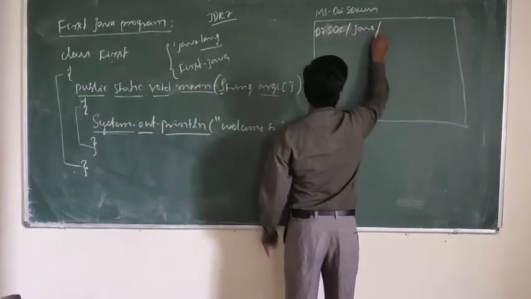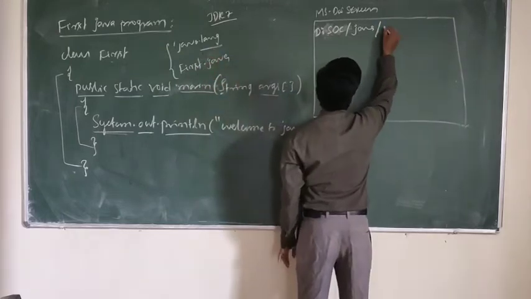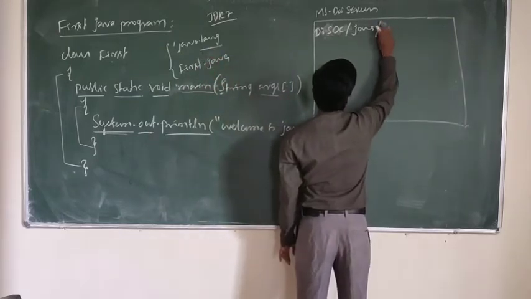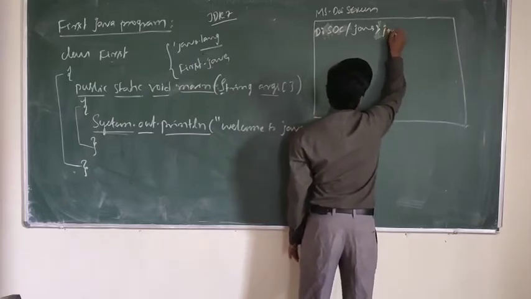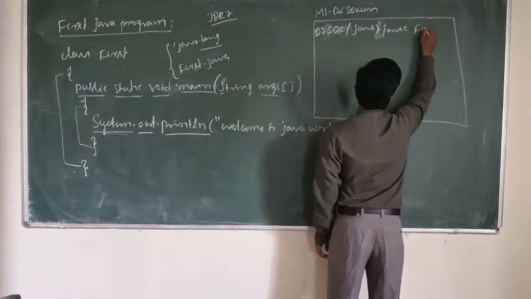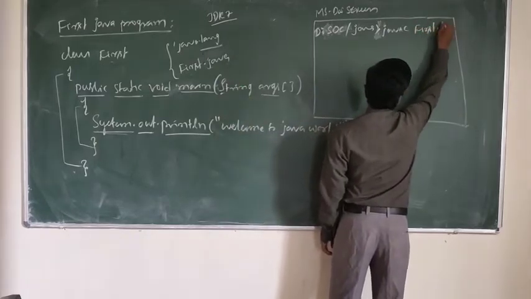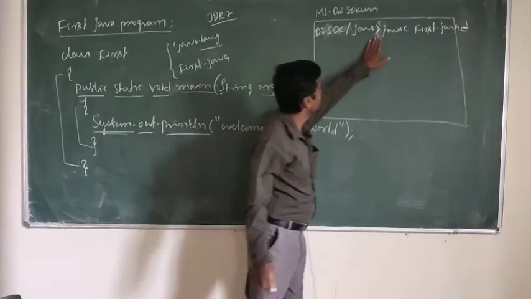Here, what is my file name? First.java. How to compile: javac file name.java. What is the file name? First.java. Enter. Like this we have to compile.